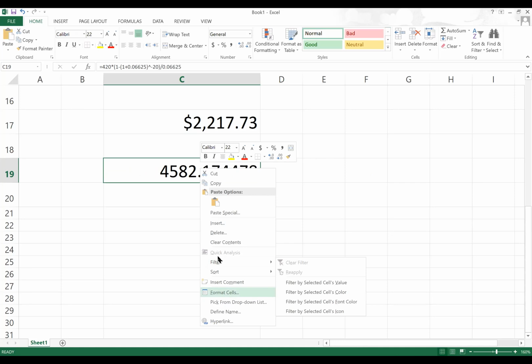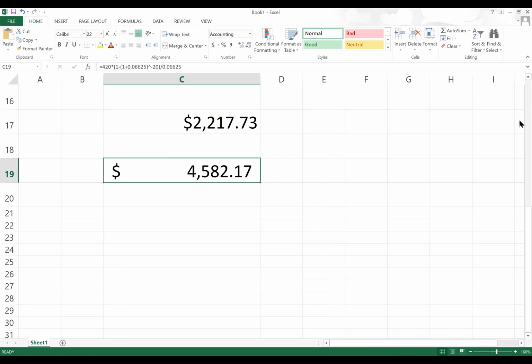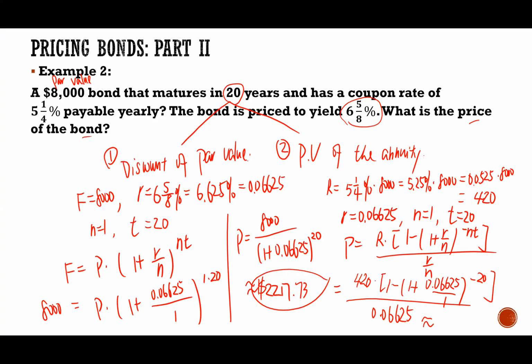This $420 annual payment for 20 years is worth $4,582.17 as of now. Once you combine these two amounts, that's the bond price.